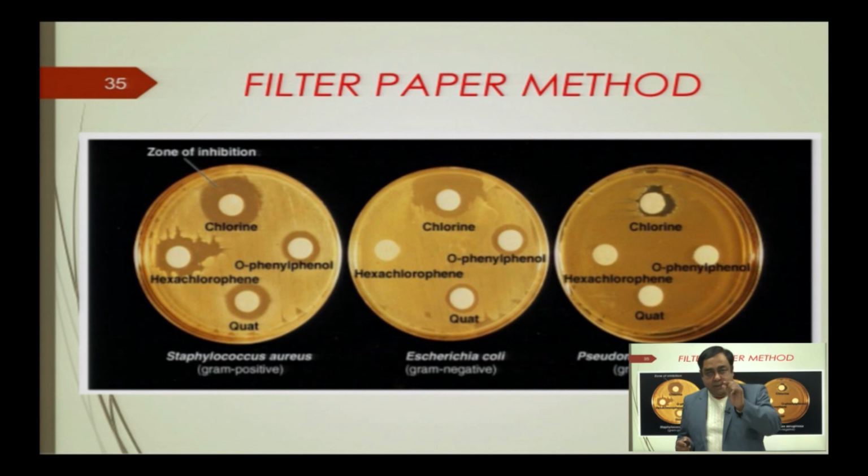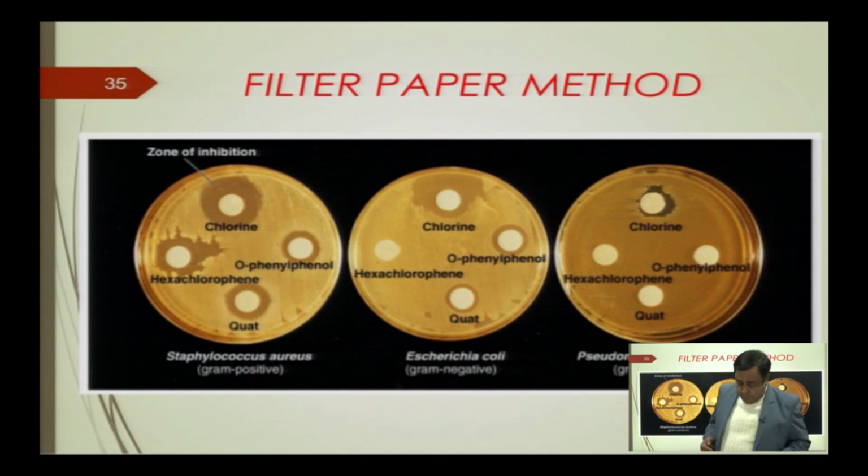One chemical substance may be active against gram positive, absolutely inactive against gram negative. Similarly, another chemical may be very active against gram negative, with absolutely no action against gram positive. The concentration at which the zone of inhibition just begins to appear is known as minimum inhibitory concentration.